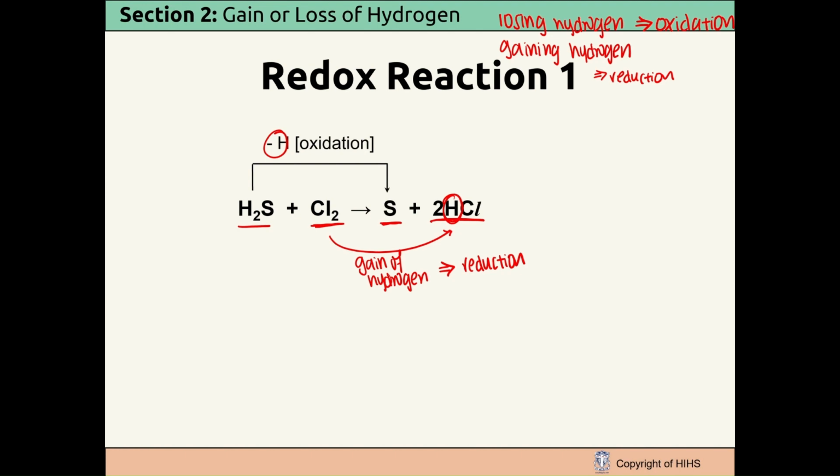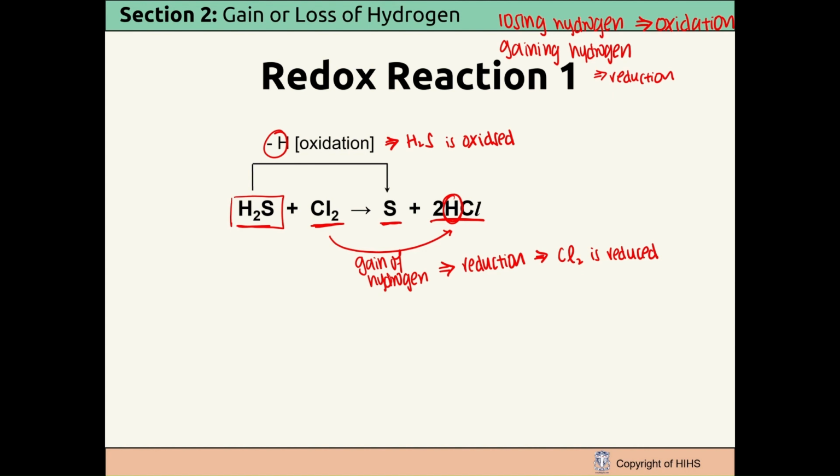If this is a reduction reaction, it means that Cl2 is reduced. Over here, your H2S, hydrogen sulfide, is in the oxidation reaction, so it's oxidized. H2S is oxidized.